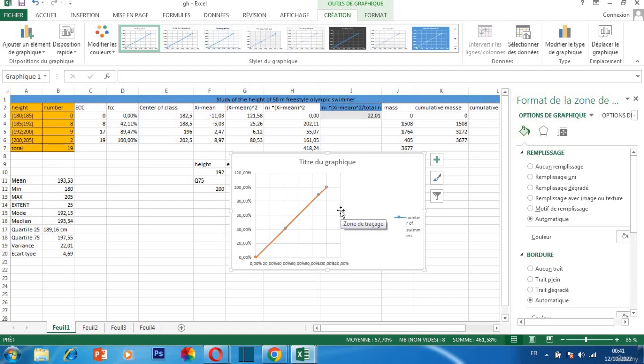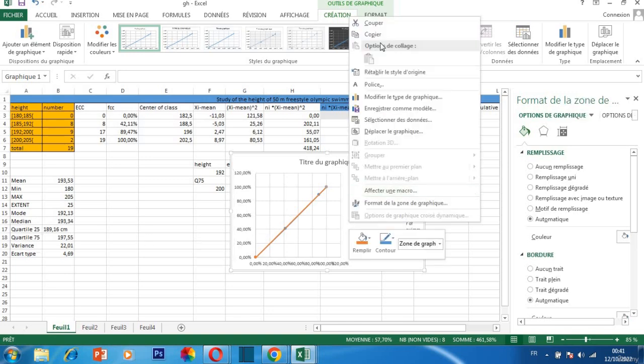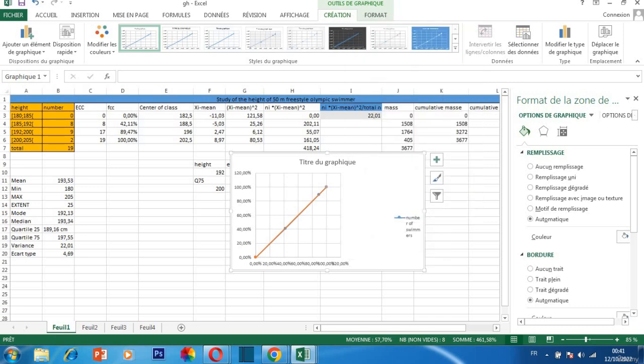So we're going to take this graphic to Word and analyze the statistical values of quartile, the variance, and the interquartile. We're going to copy this graphic and go to Word.